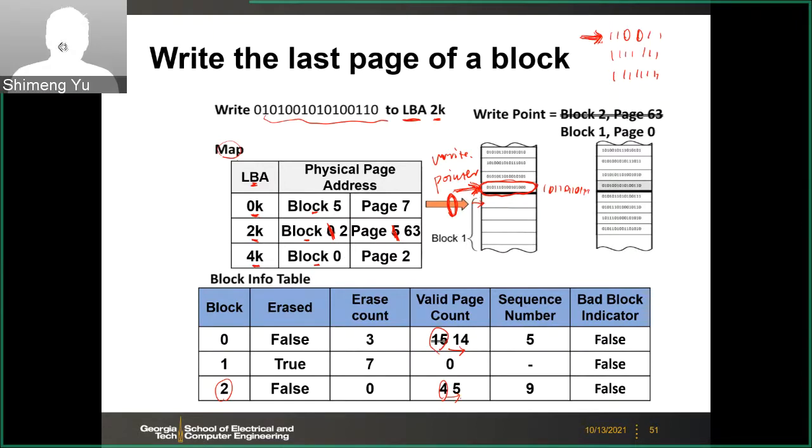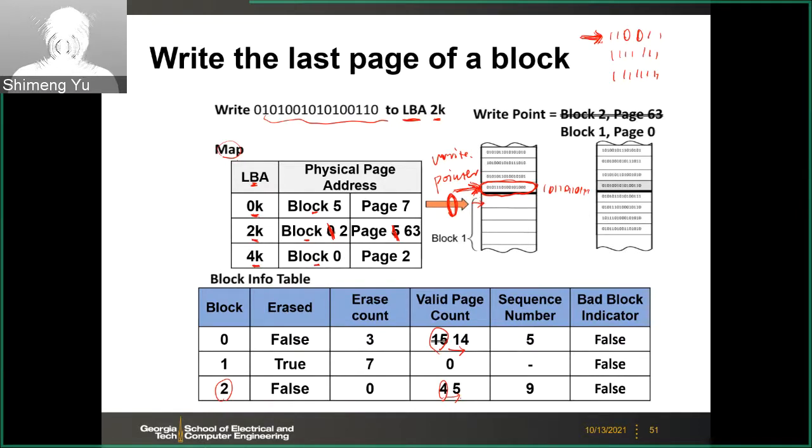Here you see that in the previous block 0, the data is still there. The previous data, LBA 2K, is still there. But now it becomes invalid. You didn't erase it. The data is still there, but the data is not useful. So it becomes garbage.